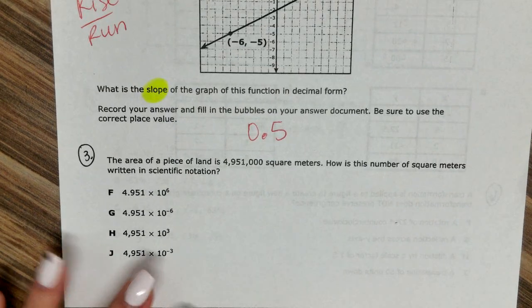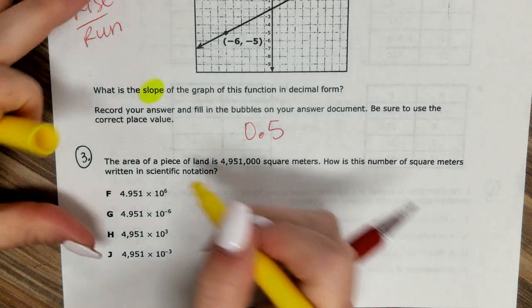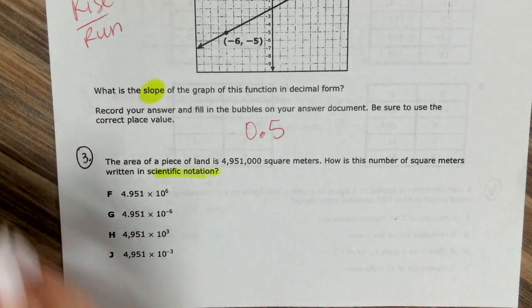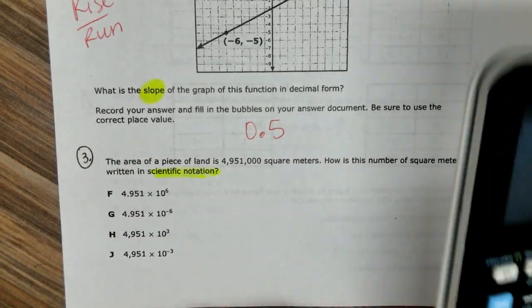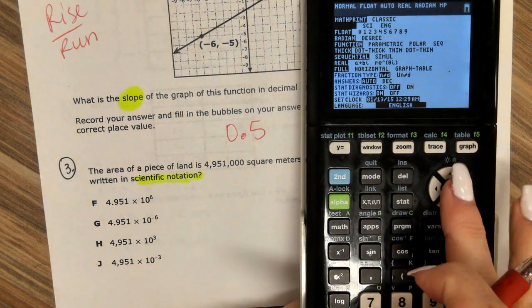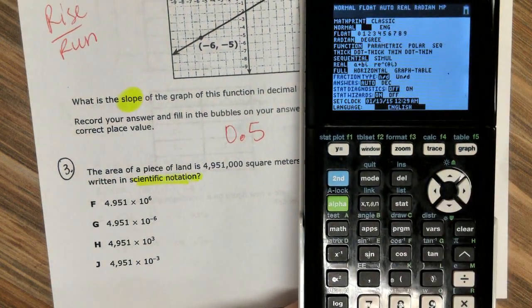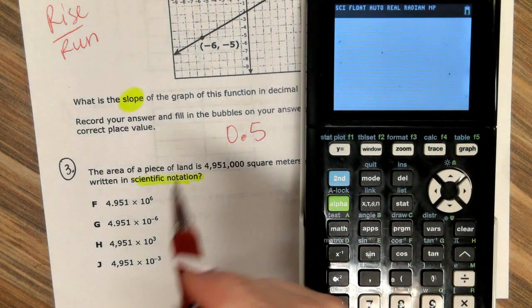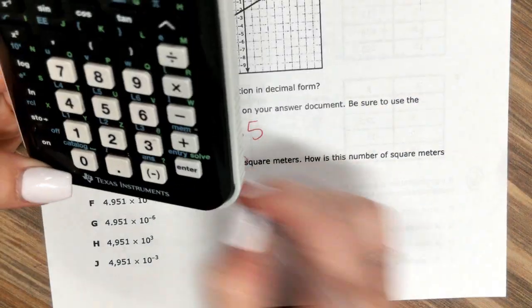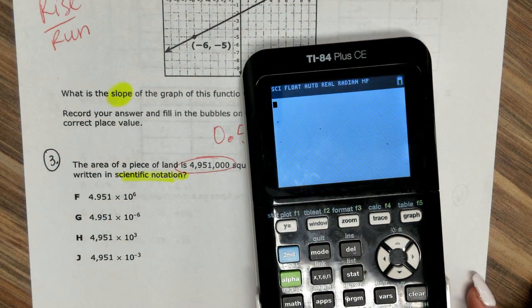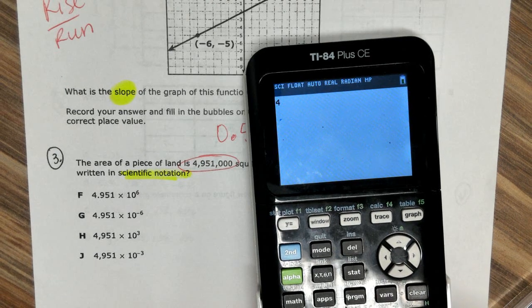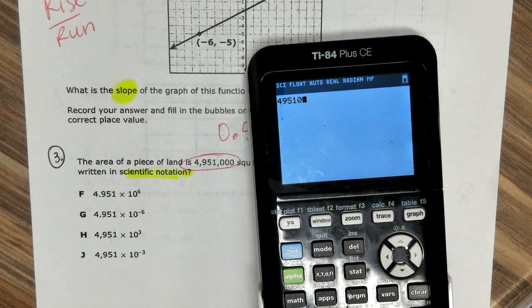Number 3 says they want you to put this number into what? So where do I go in my calculator? Mode, SCI, hit enter. Then go to your home screen and simply type this number in with no commas. 4951000.